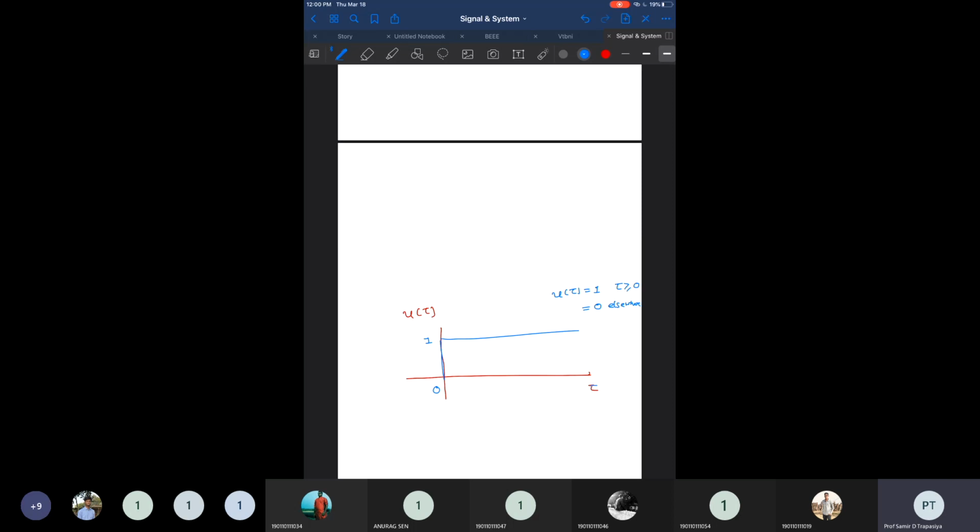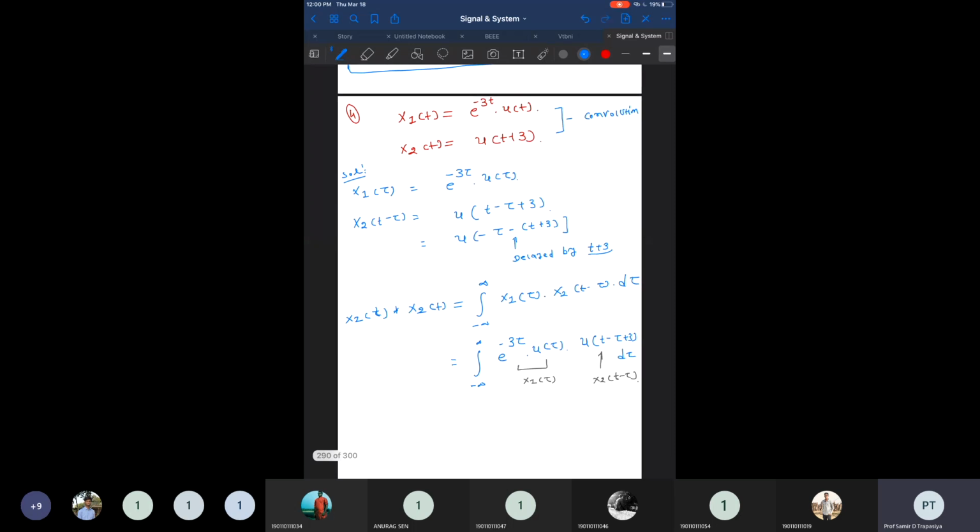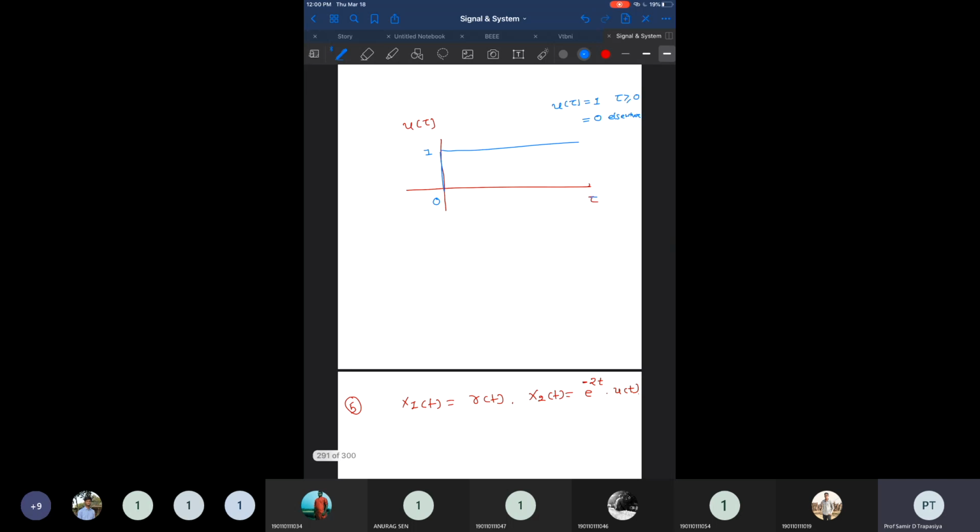Now the other function we have is u of t minus tau plus 3. We have already discussed that it is actually u of minus tau delayed by some amount t plus 3. So first we need to produce u of minus tau. u of minus tau is the signal opposite to u of tau, and it is 1 for all values of tau less than or equal to 0, and 0 elsewhere.